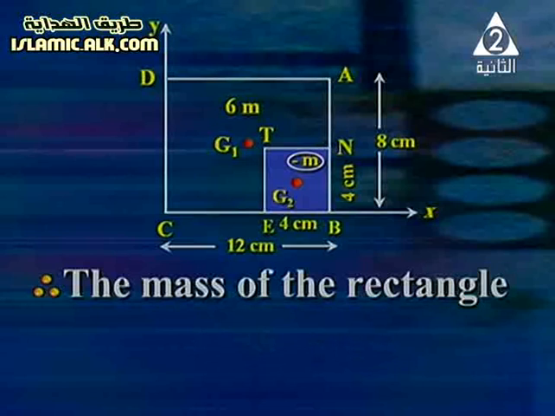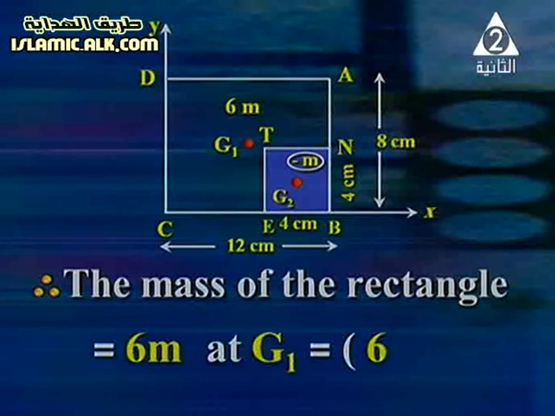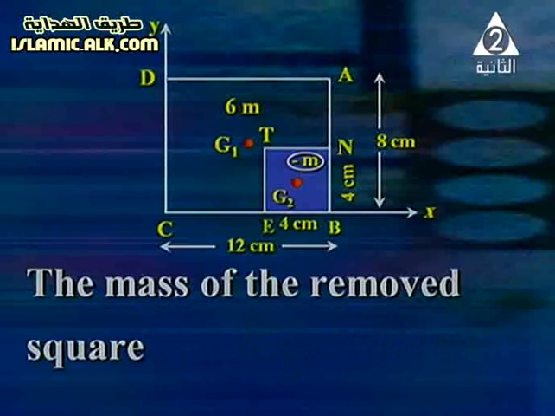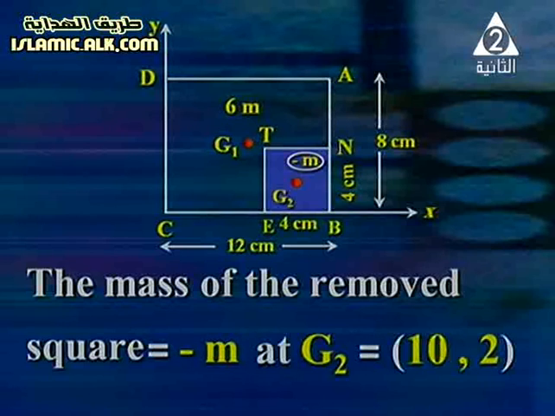Then the mass of the rectangle equals 6m at G1 with coordinates 6, 4. The mass of the removed square equals negative m at G2 with coordinates 10, 2.